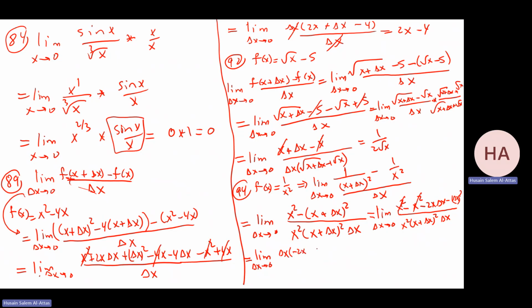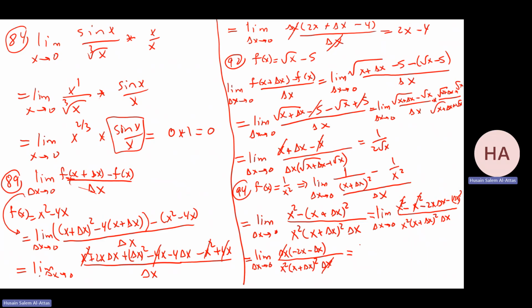Minus 2x minus delta x over x squared times x plus delta x squared times delta x. This cancelled. Now substitute as delta x goes to 0, it becomes minus 2x. Here delta x goes to 0, x squared times x squared is x to the power 4, and that will give me minus 2 over x cubed. Okay.